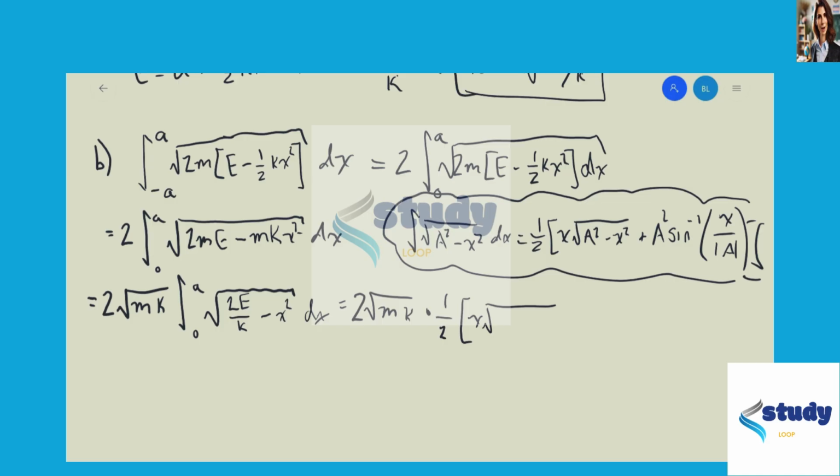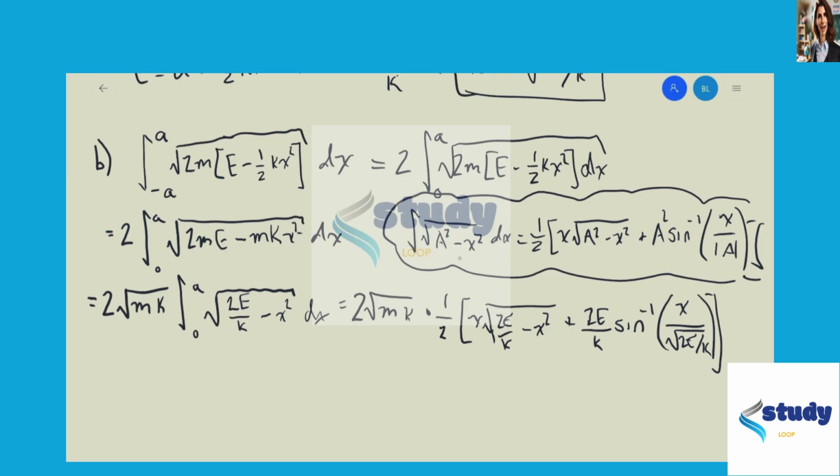Now remember, a squared was 2e over k as part of our substitution. 2e over k is in the same spot as the a squared in our standard integral, and so we are going to plug that in. 2e over k minus x squared plus 2e over k times the inverse sine of x over the square root of 2e over k.